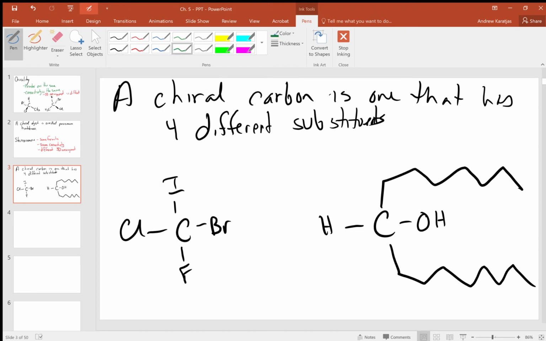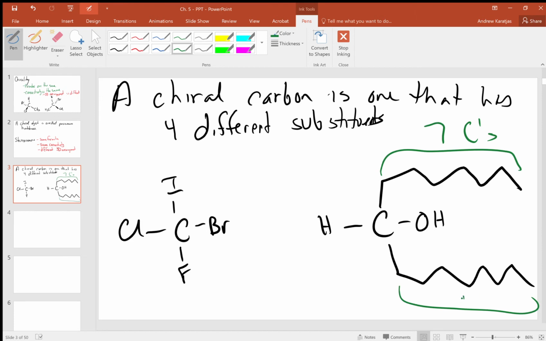So up at the top, we've got 7 carbons on that group. At the bottom, we've got 8 carbons. Even though that difference in these two chains is 7 carbons away, it still means they're different. And so this would also be considered a chiral carbon. Again, any difference in the groups makes them different.